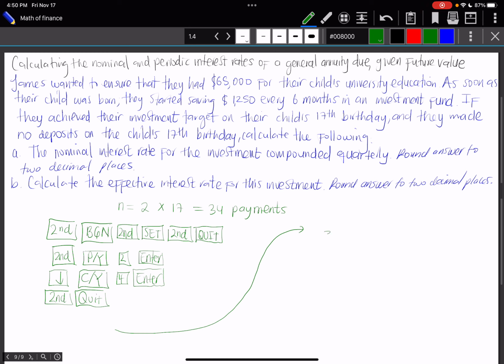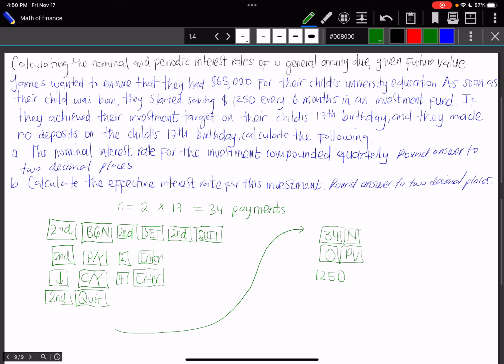For that, we type in 34 and then press the letter N. And then we're starting with 0 money in the fund, or in this case, in the account. So we press 0 and then PV. And then we tell the calculator that payments are payments of $1,250.